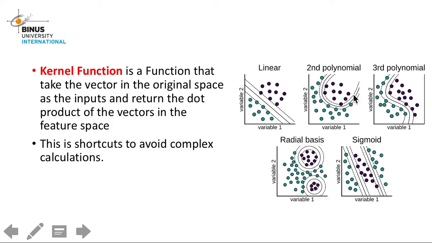You can separate the data like this. Third polynomial, you can even draw another curve. And radial, you can draw the hyperplane like this, you cut in the radial basis. And then sigmoid, you can draw 2 lines in your original space. So actually, kernel function is a shortcut to avoid complex calculations.